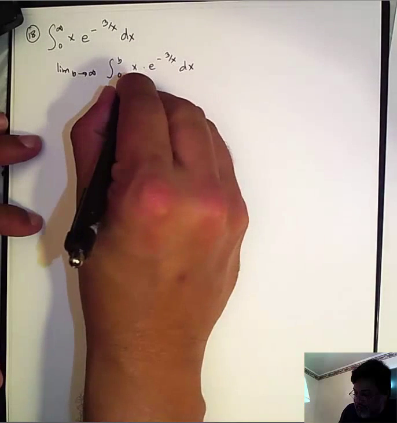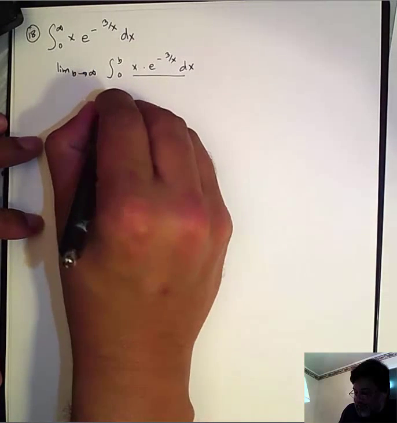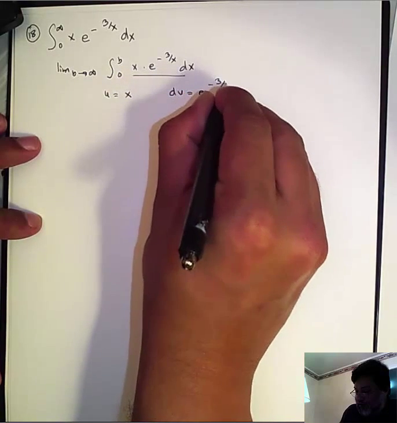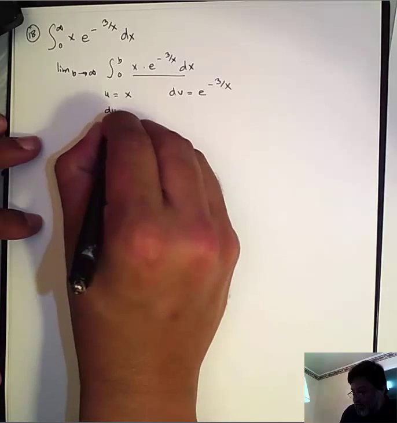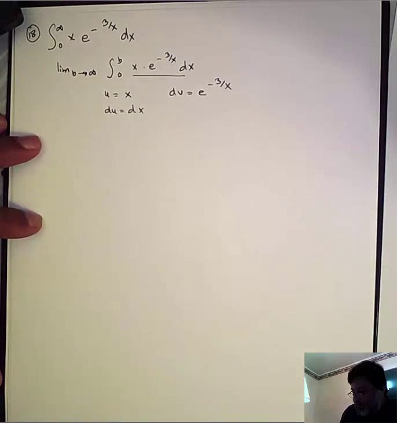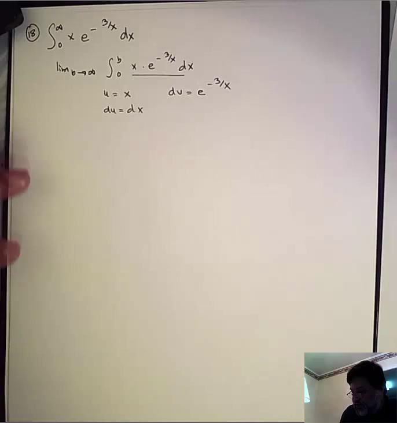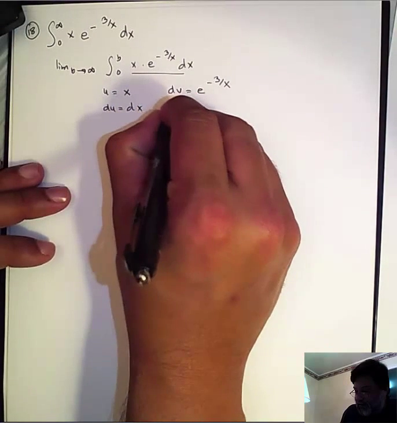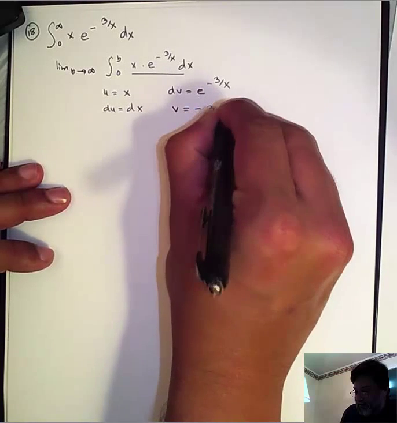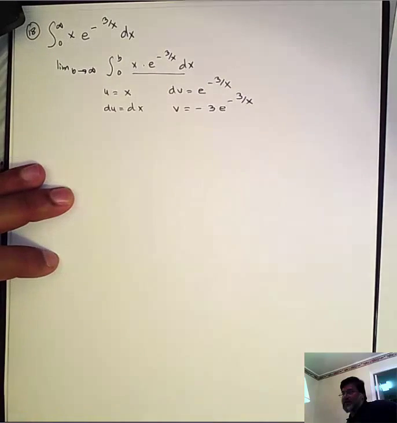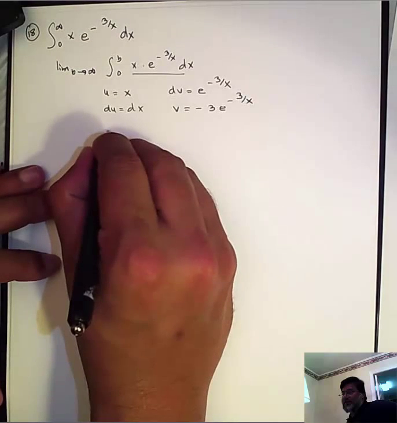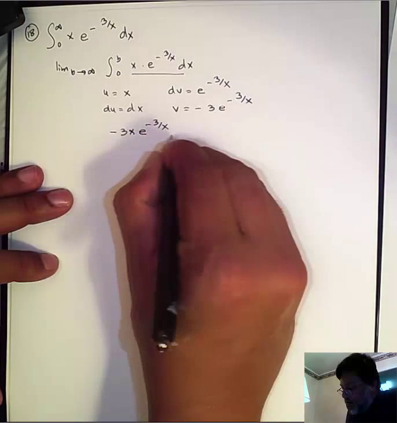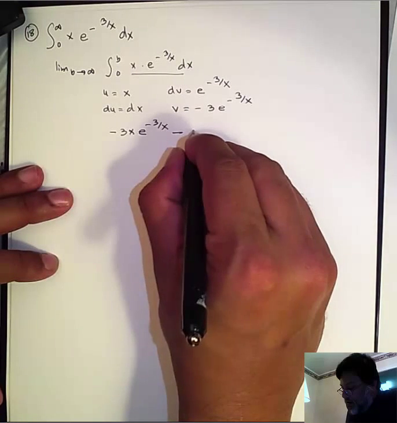So this part is going to be integration by parts. So du will be dx, and if we take the integration of e to the negative 3 over x, what do we get? V is negative 3 e to the negative 3x. Okay. So now uv minus v du.